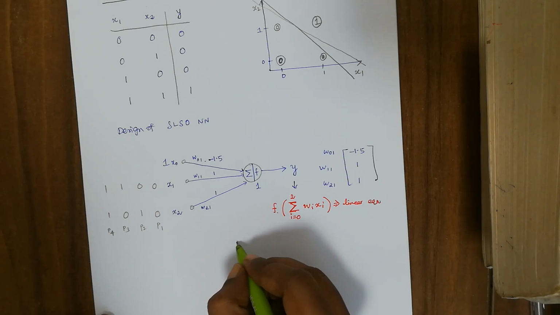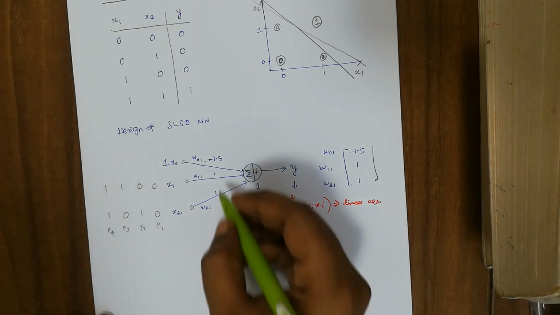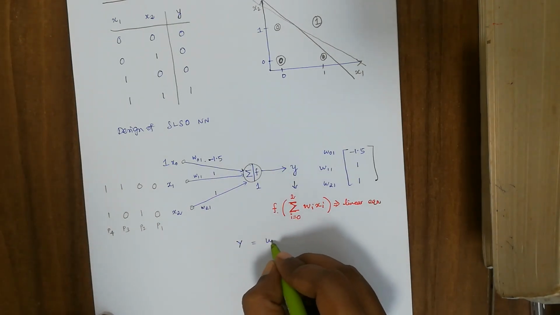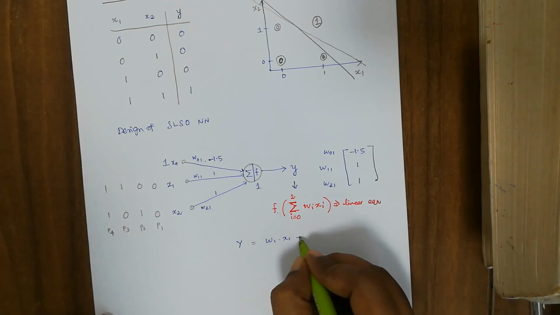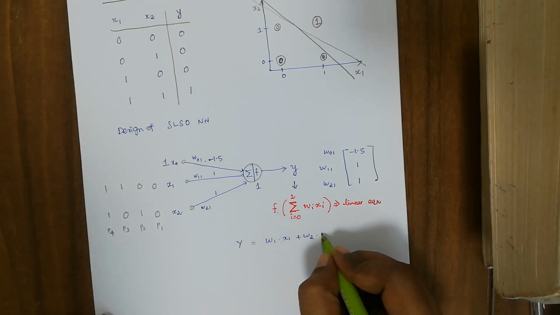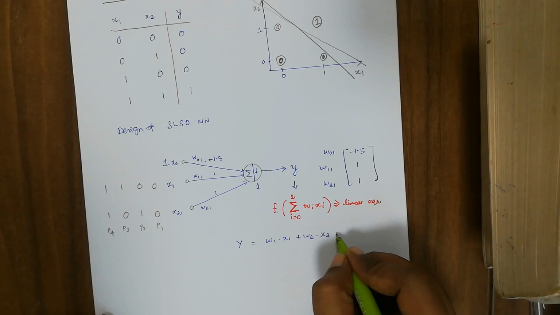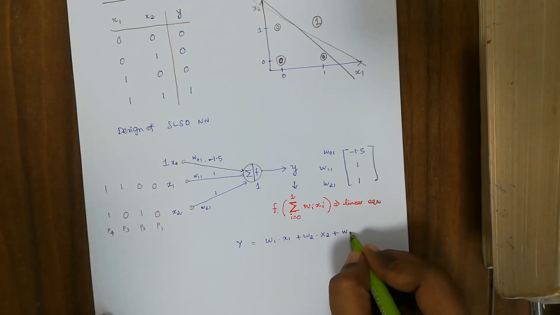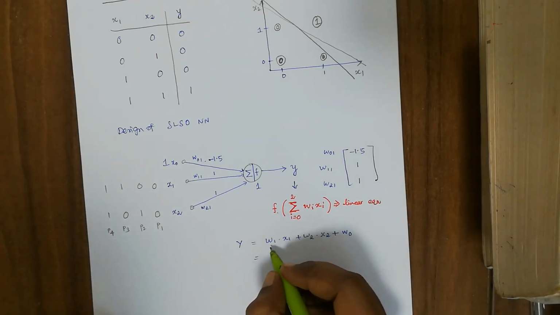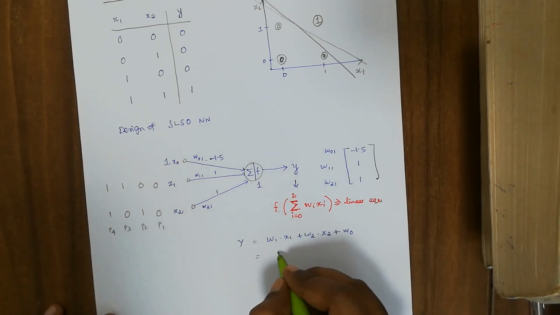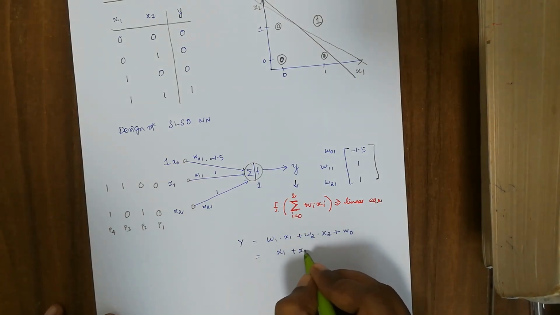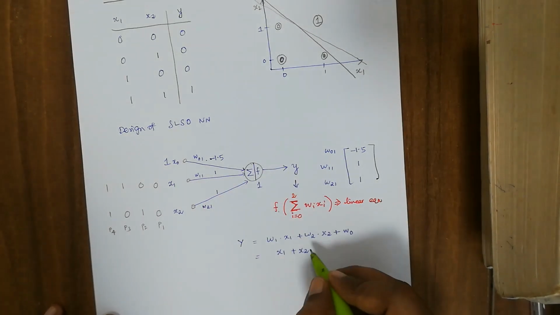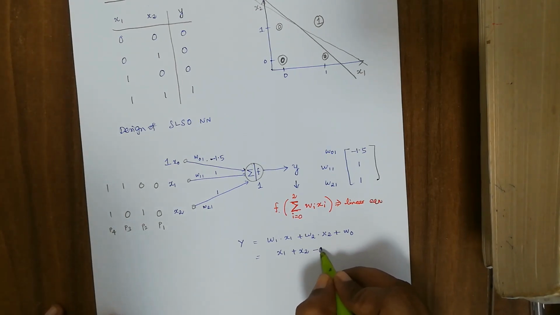Given y equal to w1 into x1 plus w2 into x2 plus the bias, which is w0, the value of w1 is 1, so x1 plus x2, and the value of bias is minus 1.5.